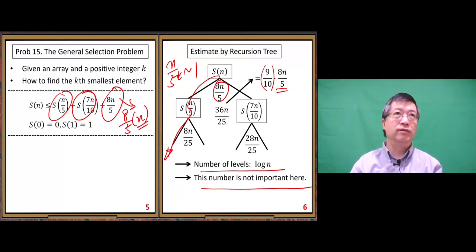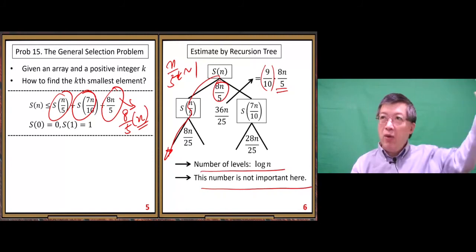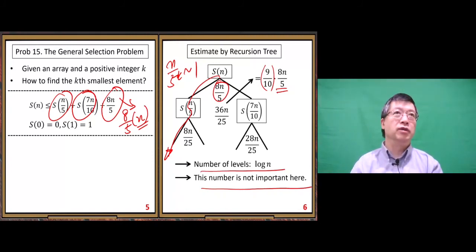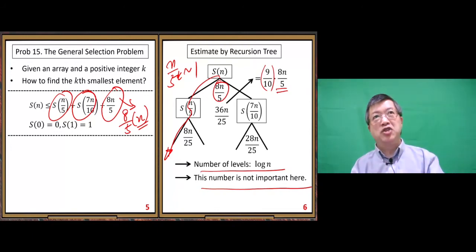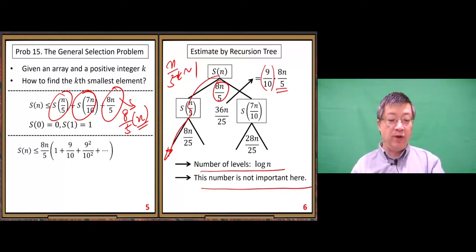Its impact is much bigger than this one, so this one becomes not important. How is that? Let's see our estimation formula. You will see it easily in the formula.